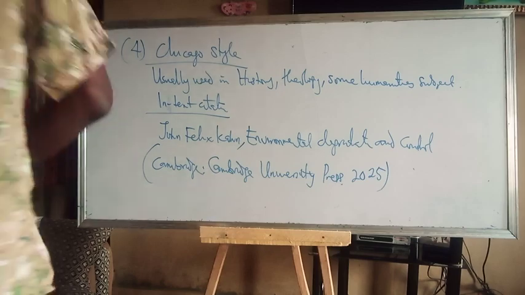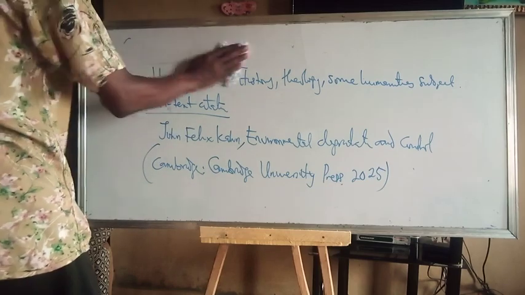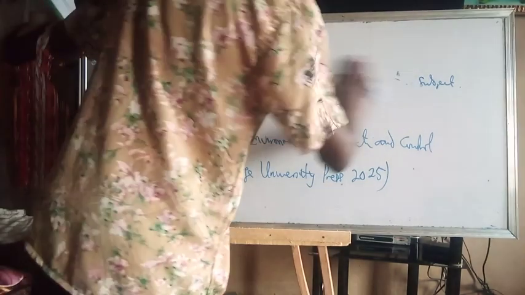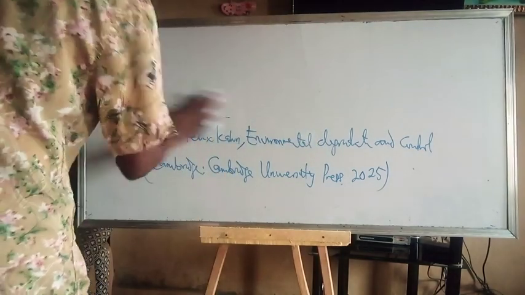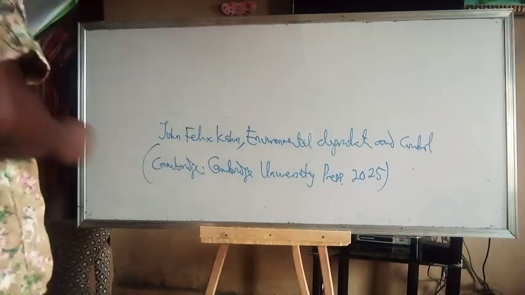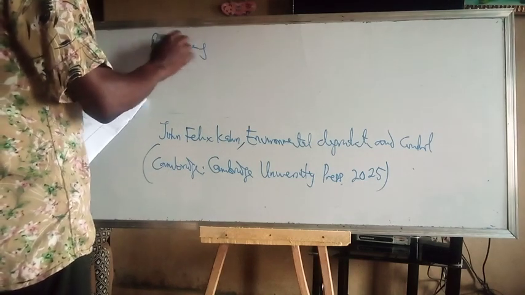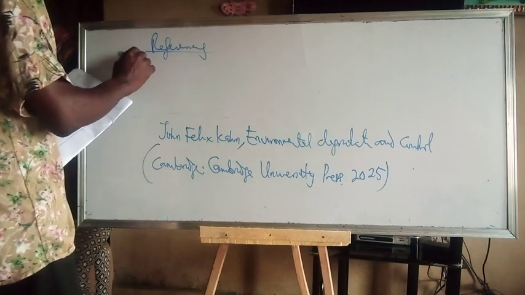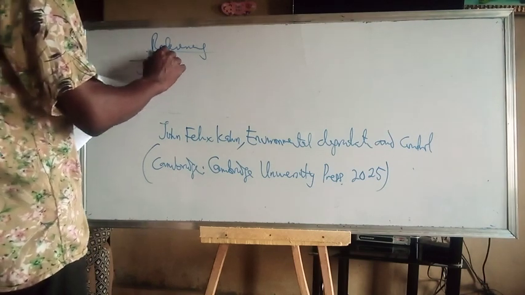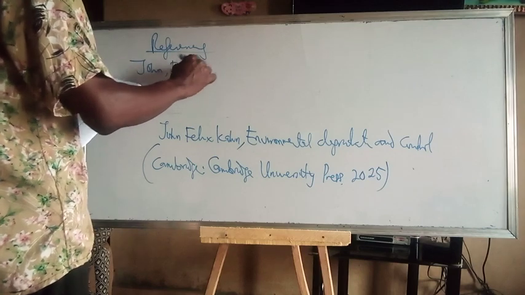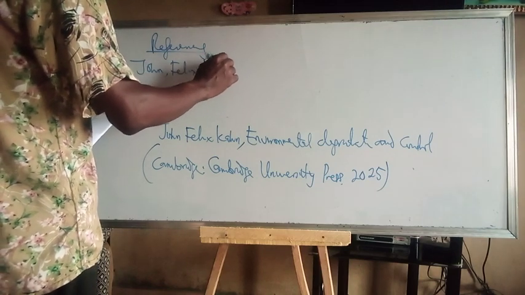Now, the bibliography, that is the referencing. How is it written? In the referencing section, you are going to write John, Felix Khan, full stop.